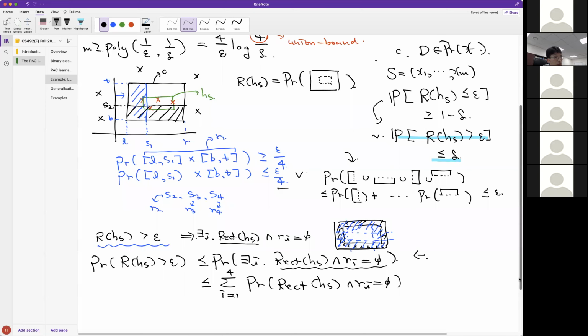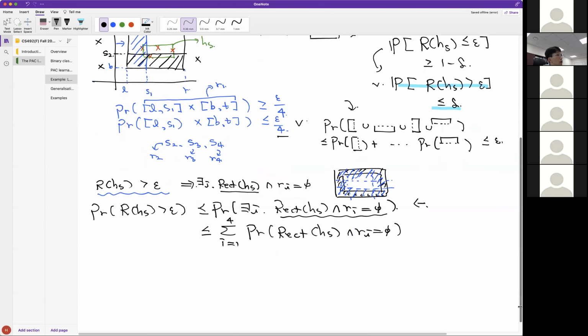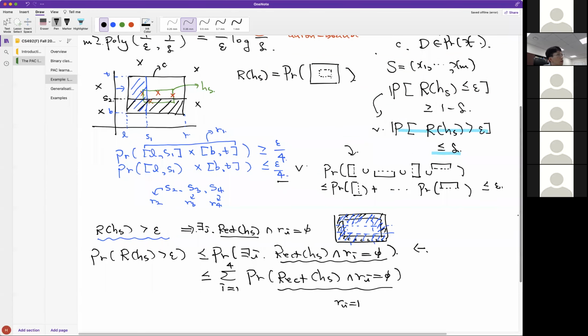But okay, what we do know is that the rectangle contains all the positive examples. So this tells us, for the case of i equal to 1, let's draw a picture.